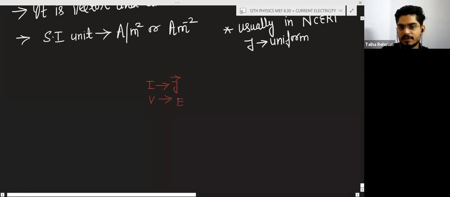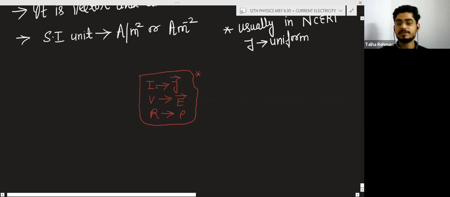Potential is a scalar, and electric field is a vector. And resistance is replaced by resistivity, rho. I am not saying these terms are the same, but these are related.